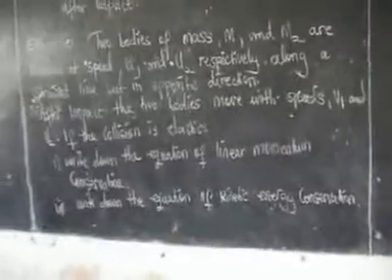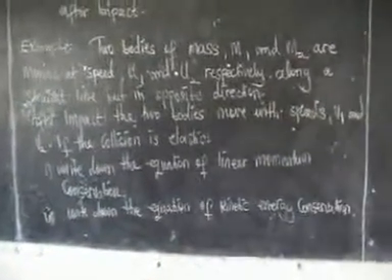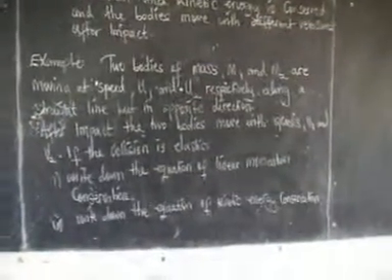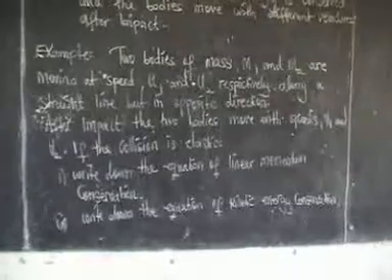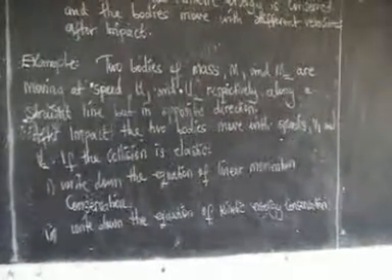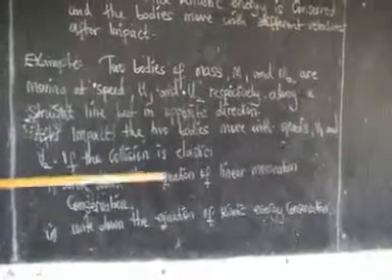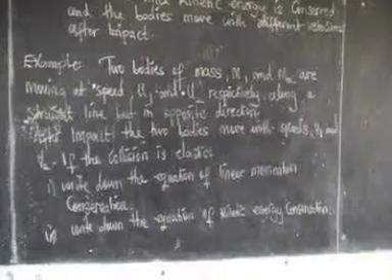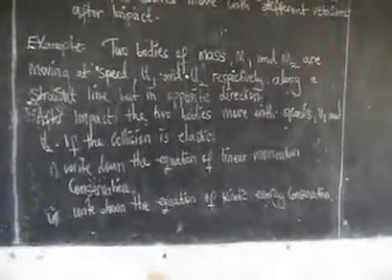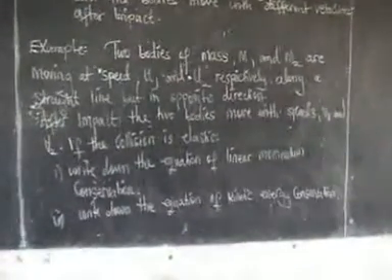Two bodies of mass m1 and m2 moving at speeds given respectively along a straight line but in opposite directions. After impact, the two bodies move with speeds v1 and v2. If the collision is elastic, write down the equation of linear momentum conservation. And Roman 2, write down the equation of kinetic energy conservation.